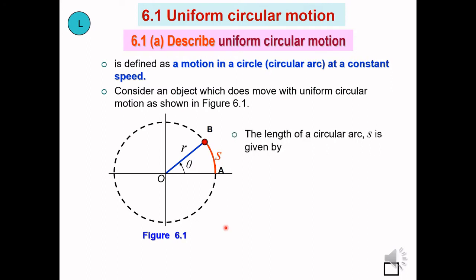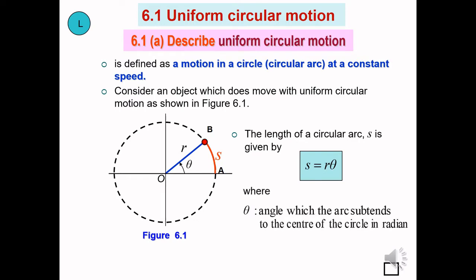The length of a circular arc can be determined by using the equation S equals r theta, where theta is the angle which the arc subtends to the center of the circle in radian, and r is the radius of the circular path.